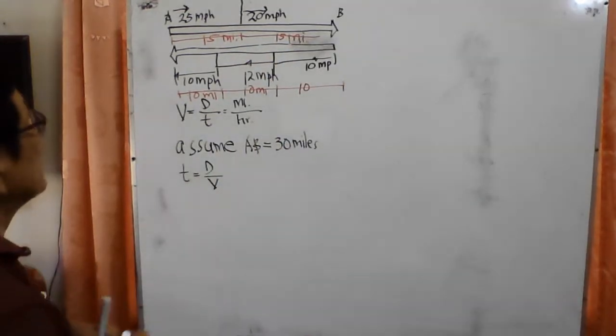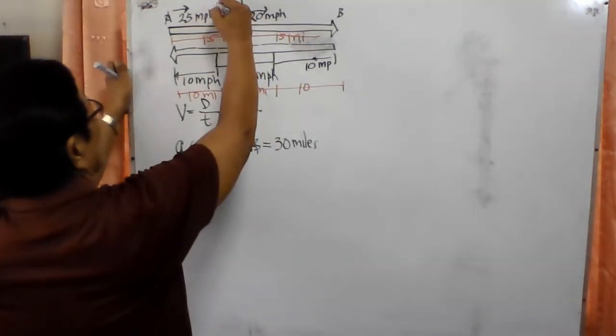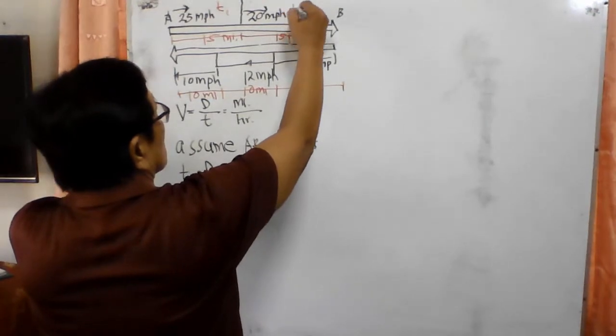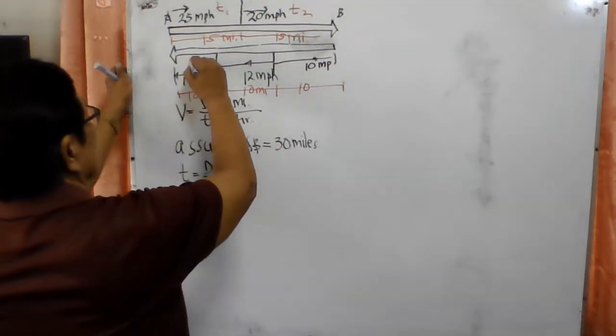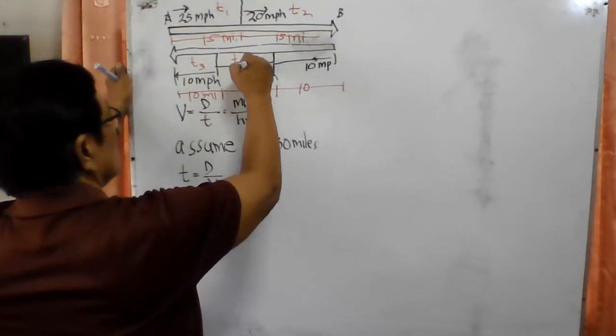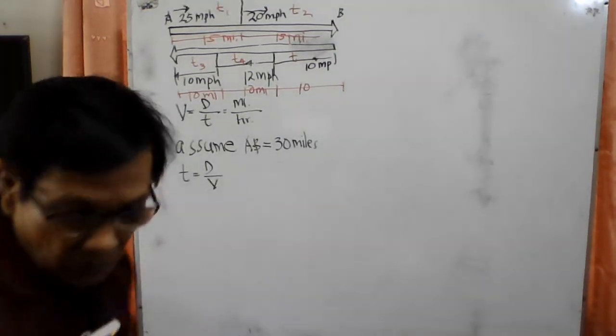So with all this given now, we can compute time 1, time 2, time 3, time 4, time 5.